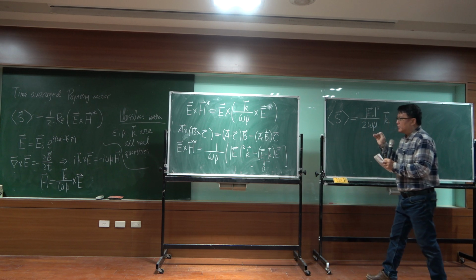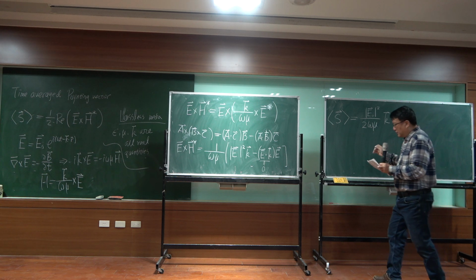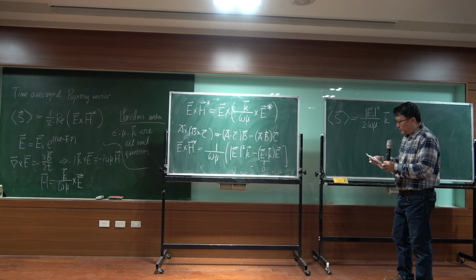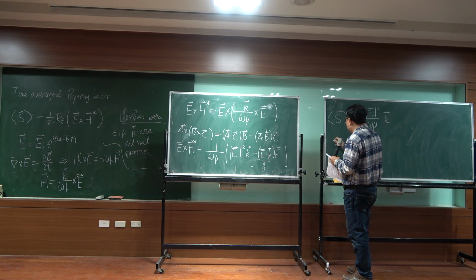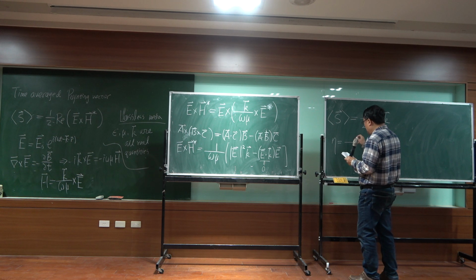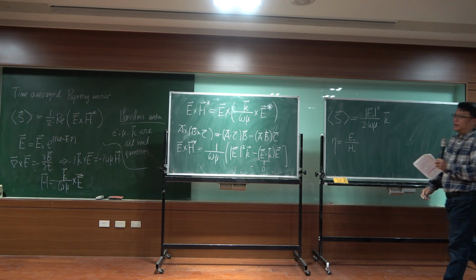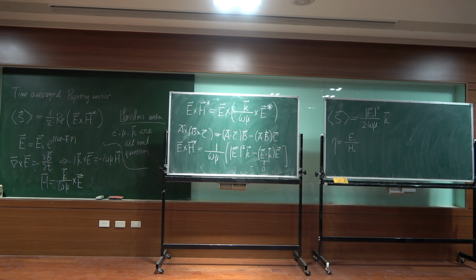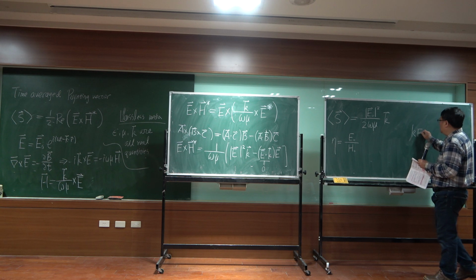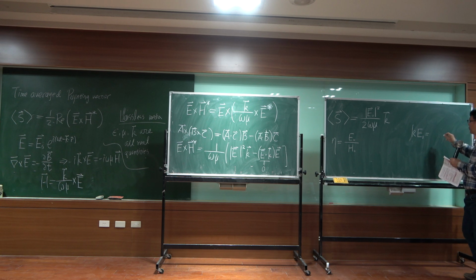There is an important quantity called impedance, which we may use sometimes. The impedance is defined as E0 over H0. We have learned that k E0 is equal to omega mu H0.